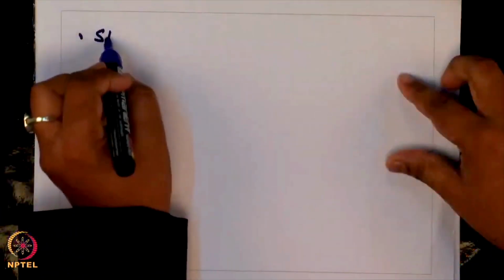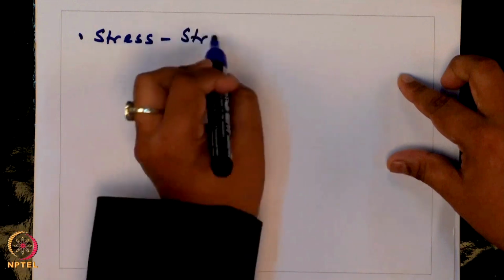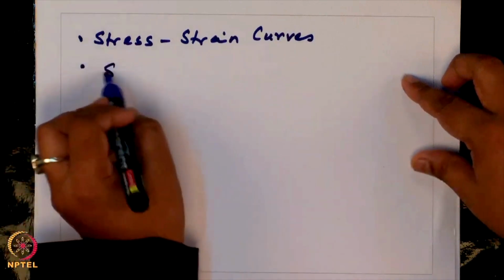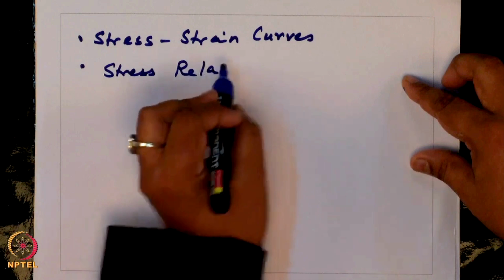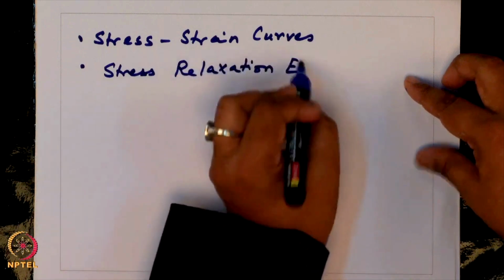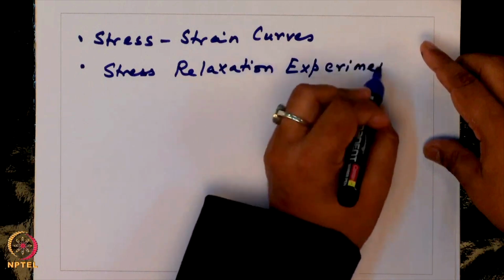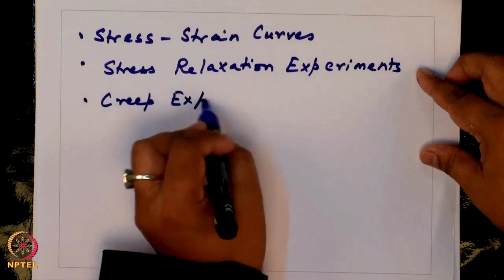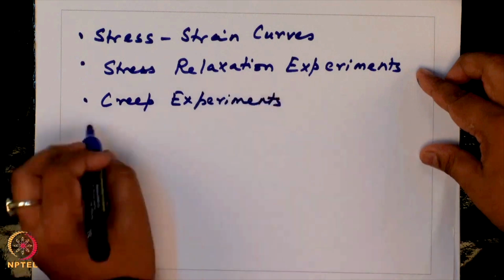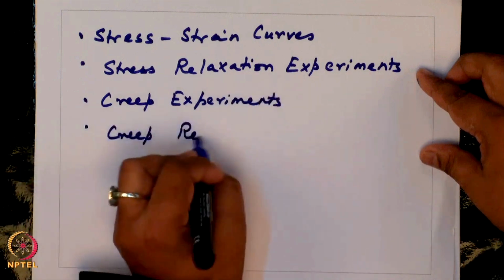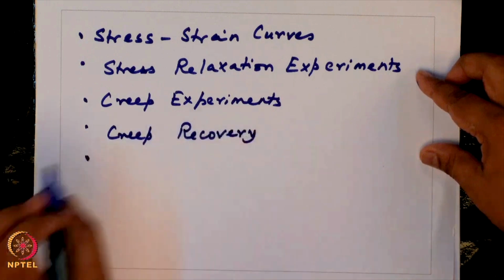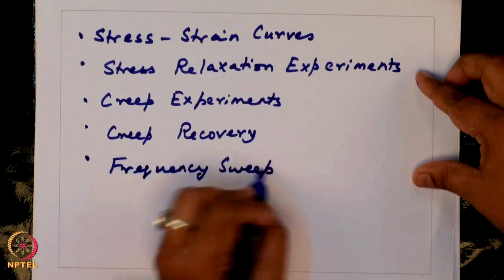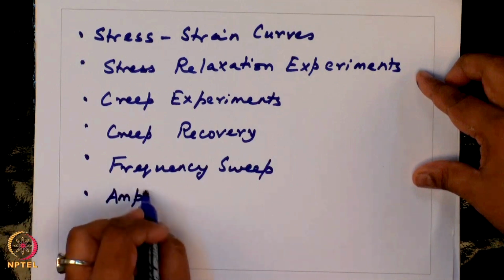You can do stress strain curves, you can do stress relaxation experiments, you can do creep experiments, you can do creep recovery kind of experiments, frequency sweep. You can also do something called amplitude sweep.